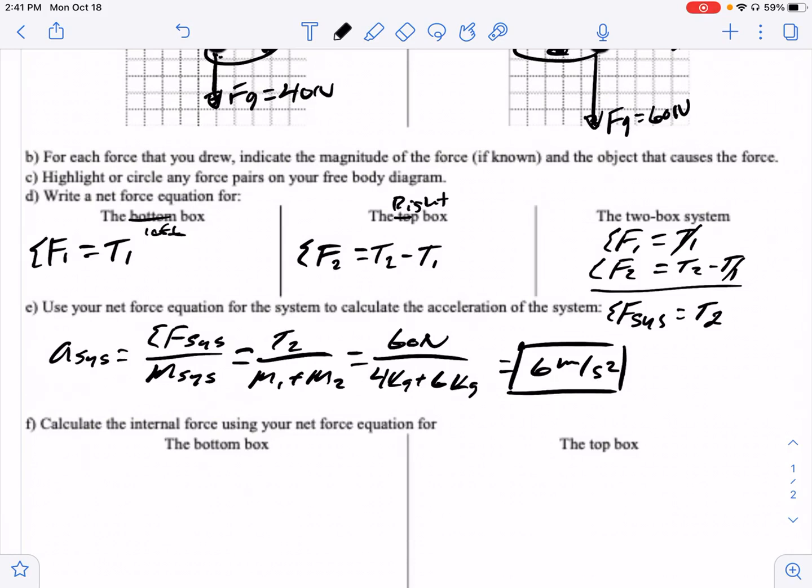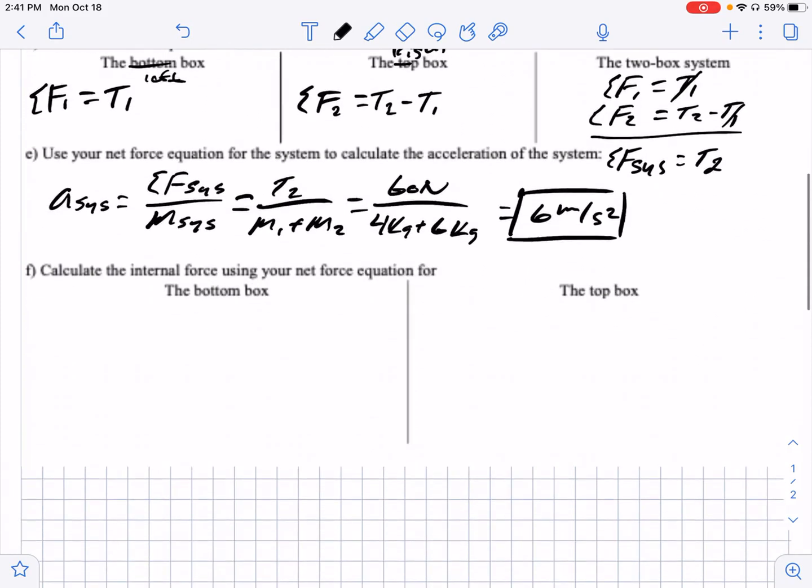Now that we have that, we're going to calculate that internal force, that T1, the string connecting the two. And we're going to do that both using the bottom box and the top box to show that it doesn't matter which net force equation we go to solve, we'll get the same answer. So the net force equation for our box 1, remember, was T1.